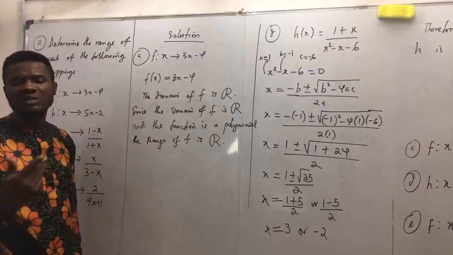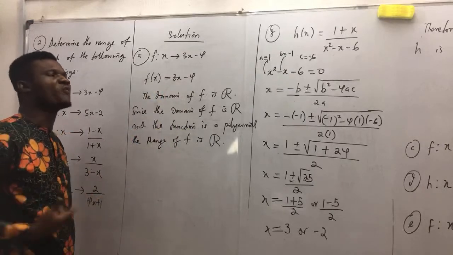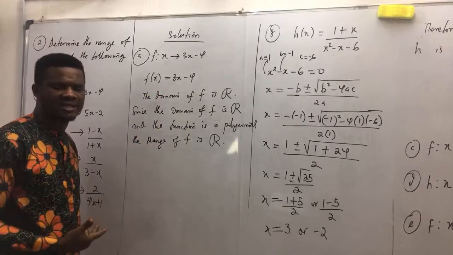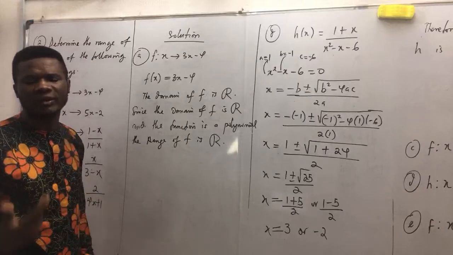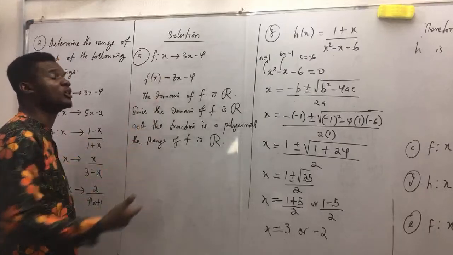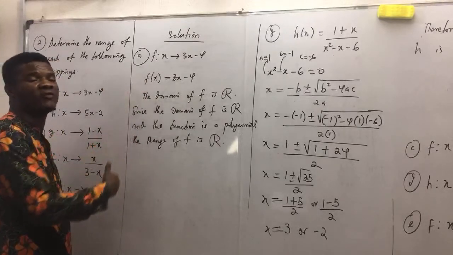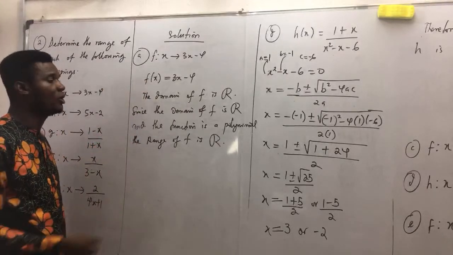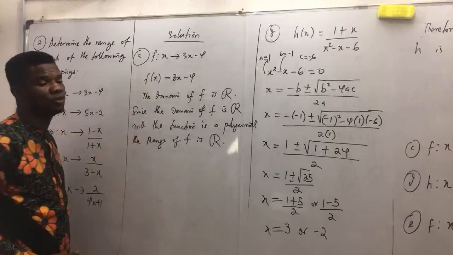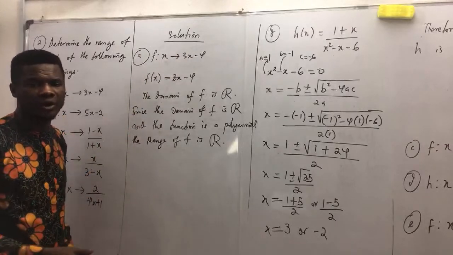And 0 is a real number. So think of any value of x selected from the real number system and put it into this function. The resulting value of f of x will also be a real number. So the range of this function is the real number system.